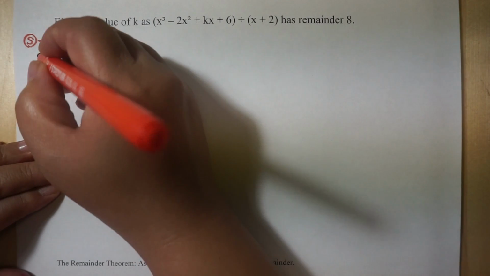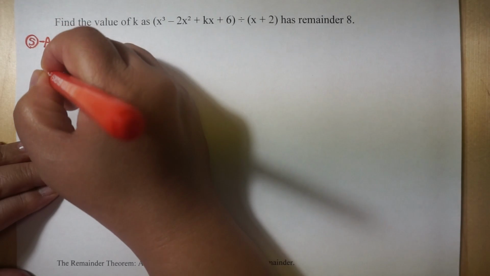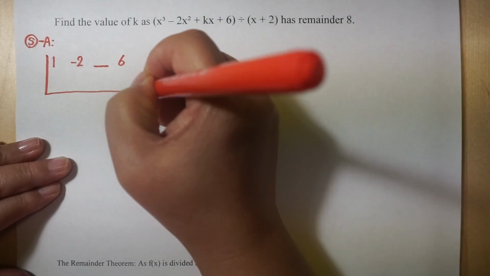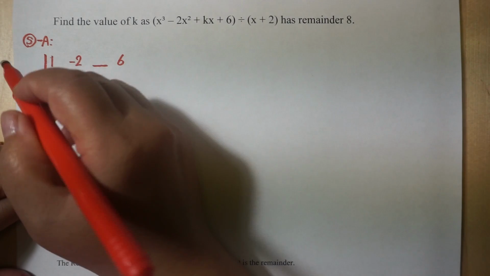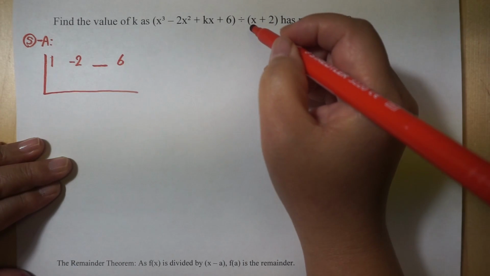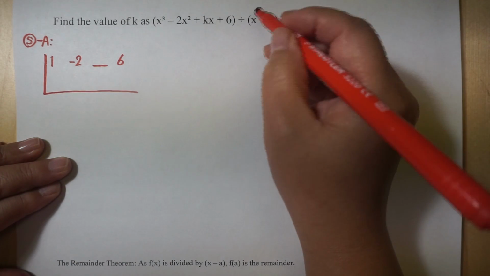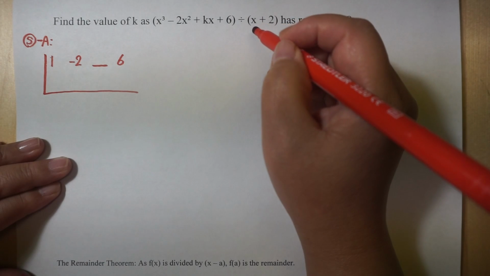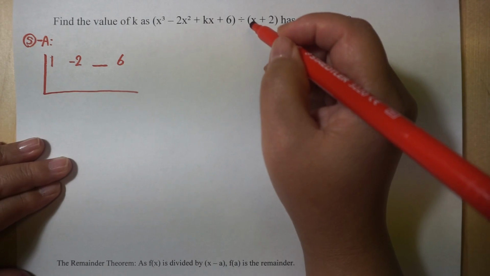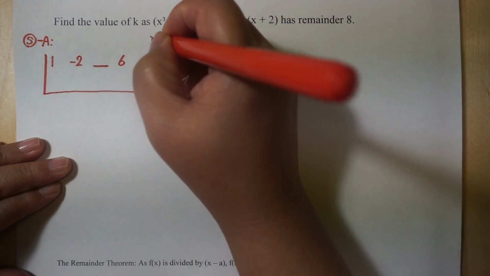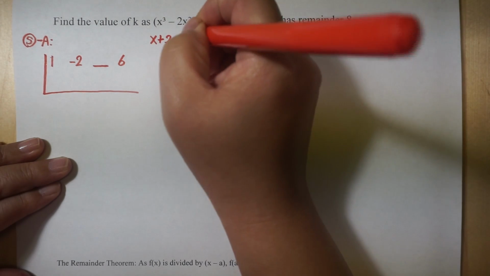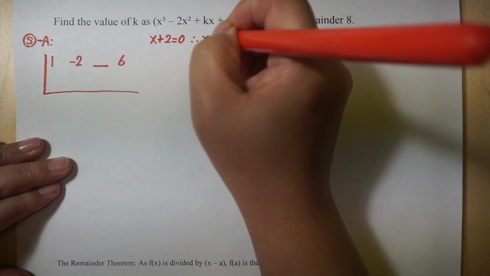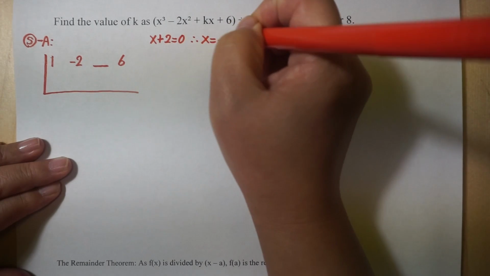So now I'm going to make a box, and then we have to put some number here, which is the value of x of the divisor as it is equal to 0. So x plus 2 is equal to 0, and x value is negative 2.